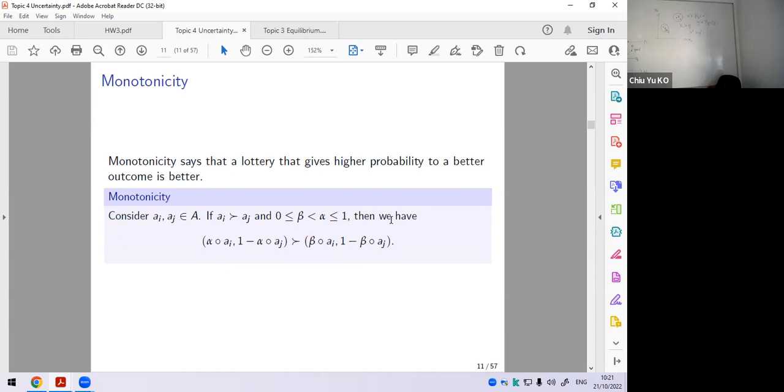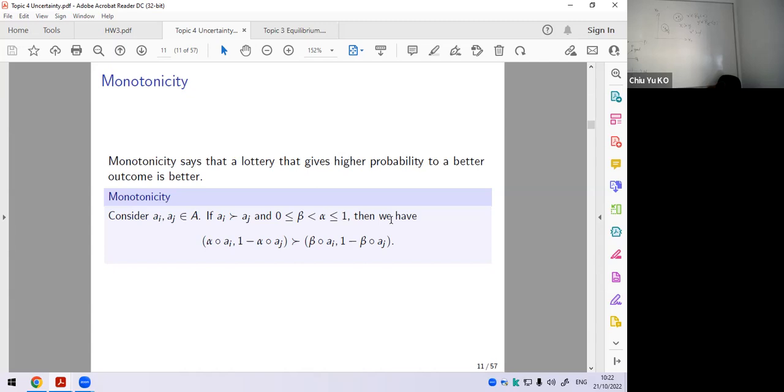Now I have an order of outcomes, A1 up to AN, and in the case that a strict preference exists, suppose it exists. If everything is the same to you, then this axiom has no meaning, but then there's no uncertainty to talk about anyway. At least there's some outcome that you think is better than another.